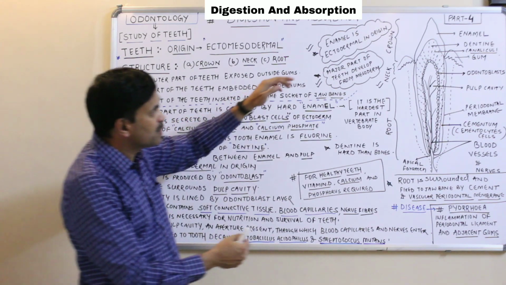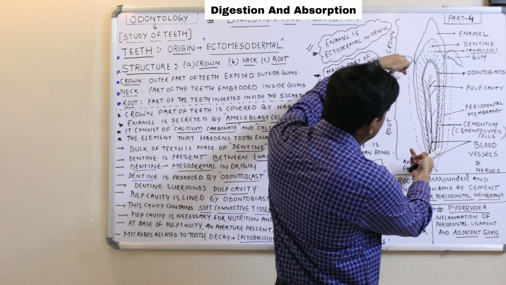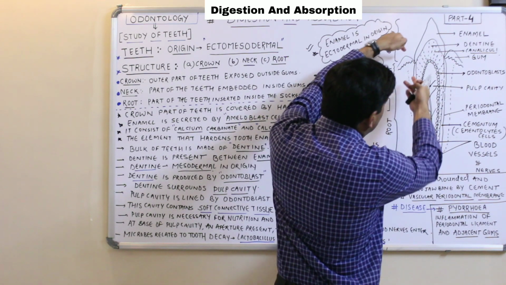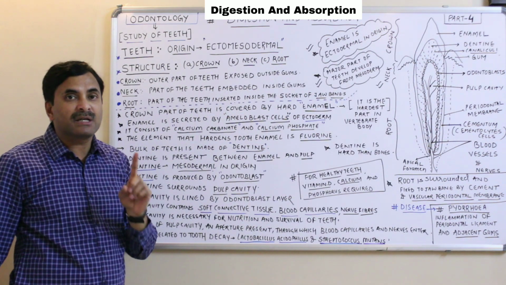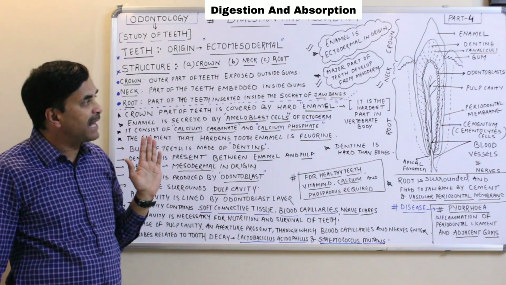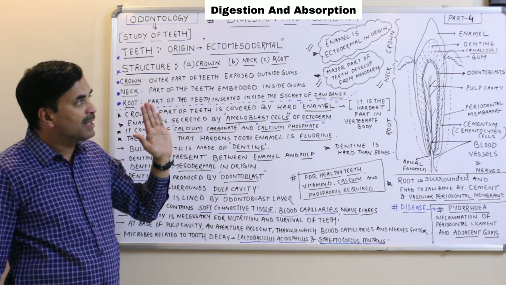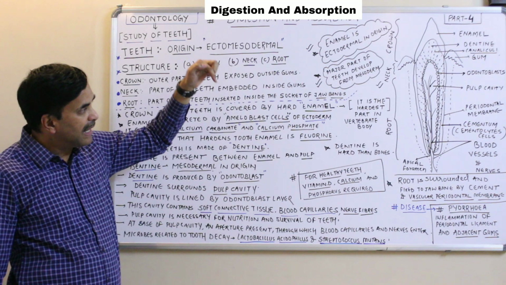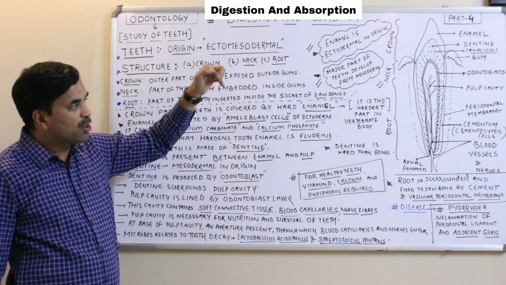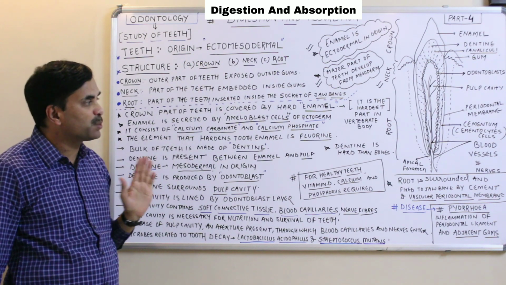It is called the root. So from here to here, this is the root, this is the neck, and the outer exposed part is the crown. It is very clear from the diagram that the major part of the teeth is embedded in the jaw sockets, and it is called the root.